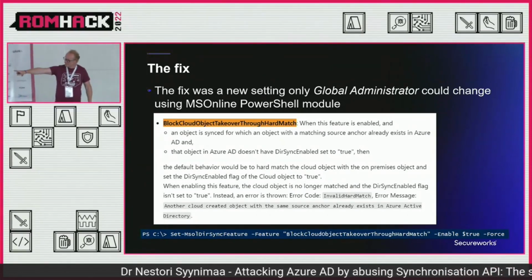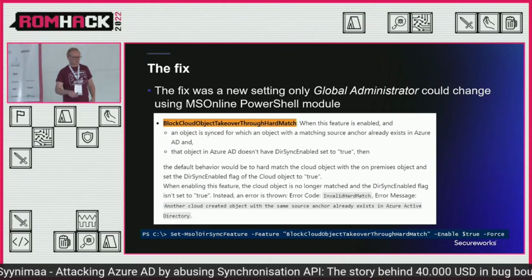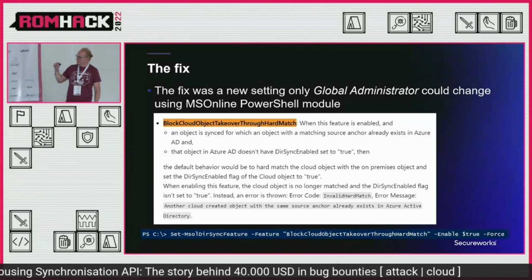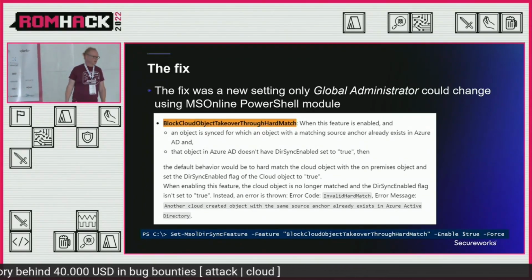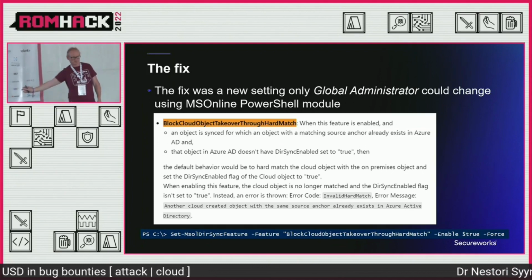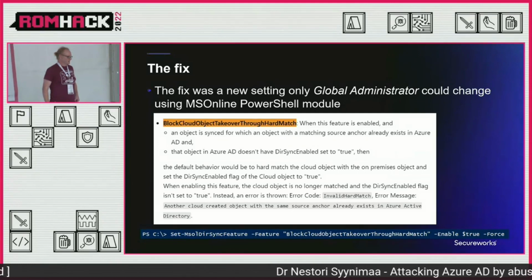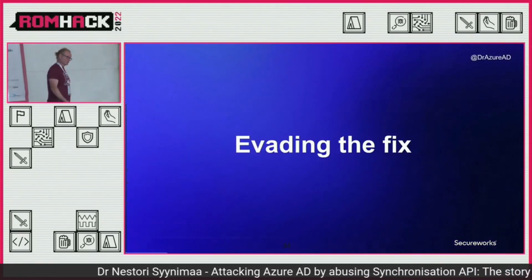And here at the bottom, we see the command that you need to run to set that. So Set-MsolDirSyncFeature, BlockCloudObjectTakeoverThroughHardMatch, Enable true, and then you can use the Force, so it doesn't prompt you, are you sure about that or not? And that was the fix. Okay. And fine, it worked fine.